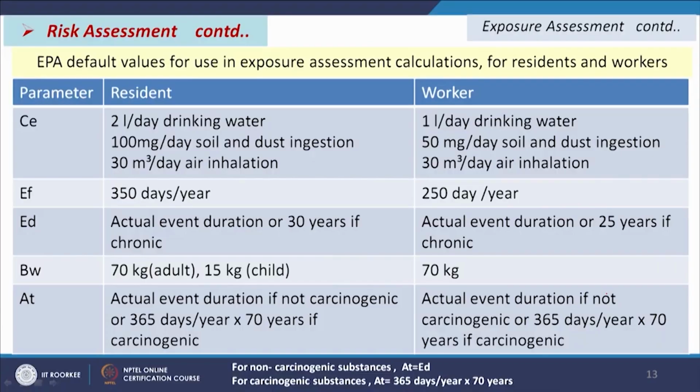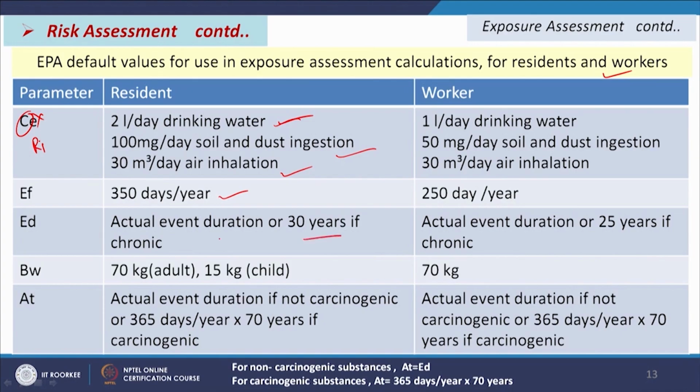Then the EPA, Environmental Protection Agency USA, has some default values for use in exposure assessment calculations for residents and workers. Ri, the rate of intake, is 2 liters per day for drinking water, 100 mg per day for soil and dust ingestion, and 30 meter cube per day for air inhalation. Similarly, Ef, the exposure frequency, is 350 days per year, and for residents the Ed value is actual event duration or 30 years if chronic.